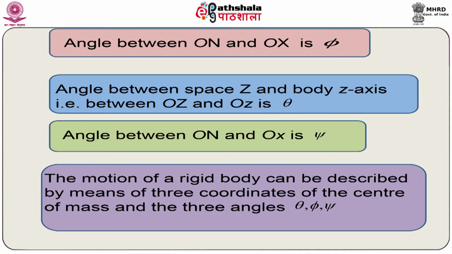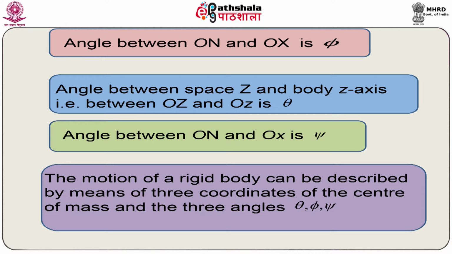For any arbitrary motion of a rigid body, the degrees of freedom is 6, but if the rigid body rotates about a fixed point, then the degree of freedom reduces to 3. In such cases, it is convenient to use Euler angles to specify the configuration of a rigid body rotating about a fixed point. Let Ox, Oy, Oz be the space fixed axes and small ox, small oy, small oz be the body set of axes.